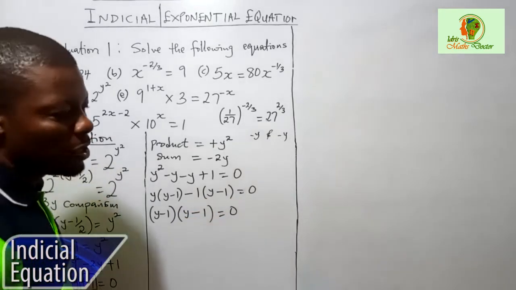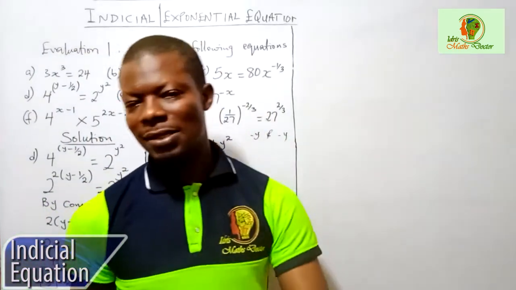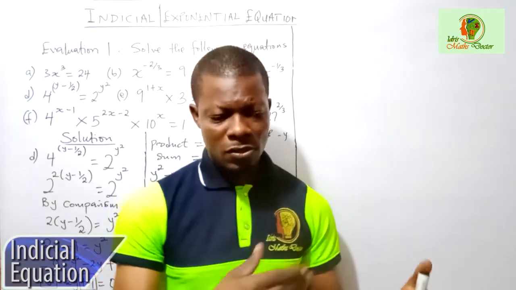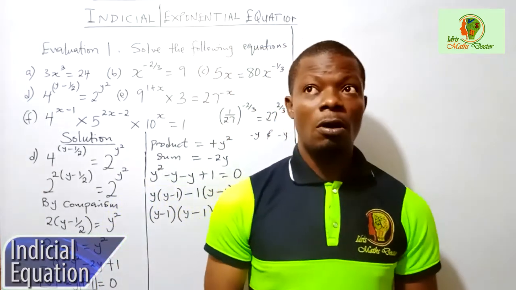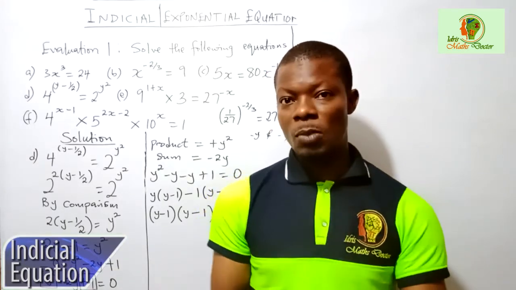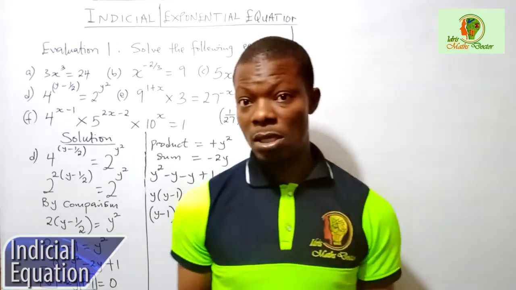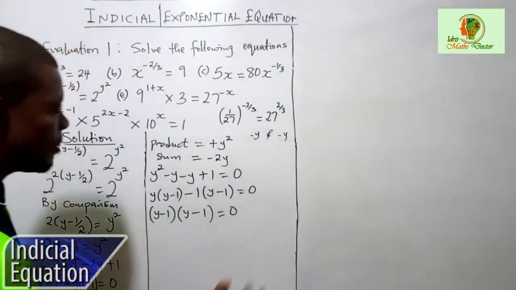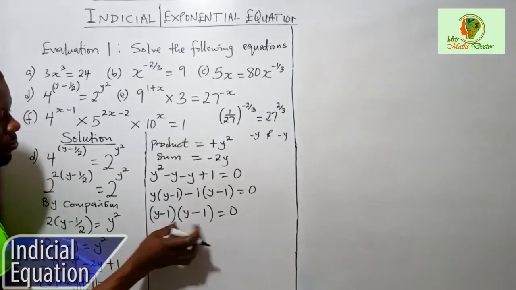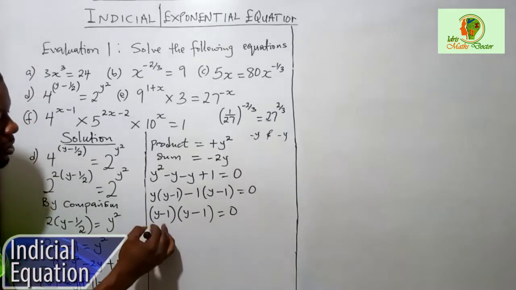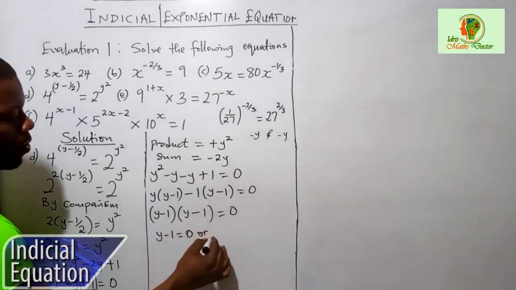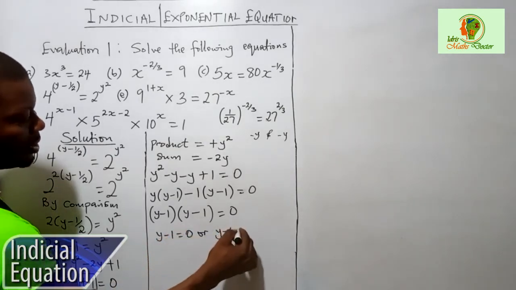Now, in mathematics, if A multiplied by B and the answer is 0, it means what? Either A is 0, because 0 times B is 0, or A is not 0 and B is 0, because A multiplied by 0 is still going to be 0. So at this point, we just need to apply that concept: since bracket means multiplication and this multiplied by this gives 0, it means y minus 1 equals 0, or y minus 1 equals 0.